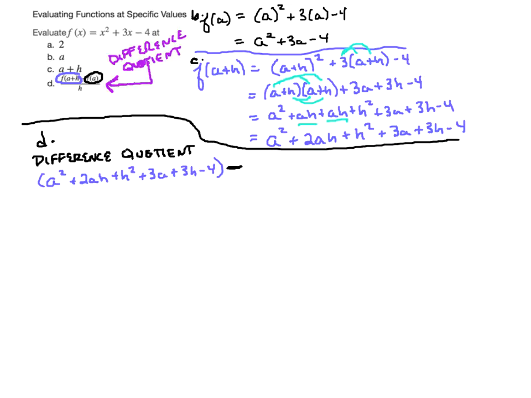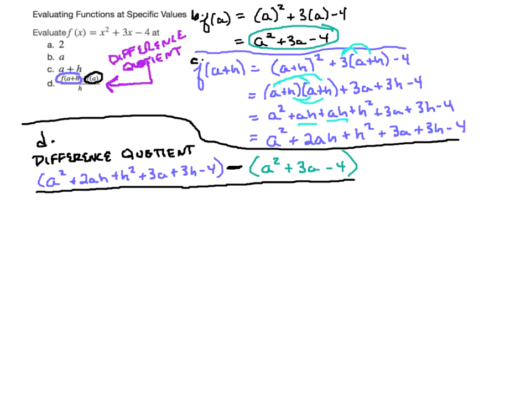I'm subtracting, and I'll do this one in aqua color. Subtracting that polynomial, a squared plus 3a minus 4. And after I hash all that out, I'm going to divide everything by h.